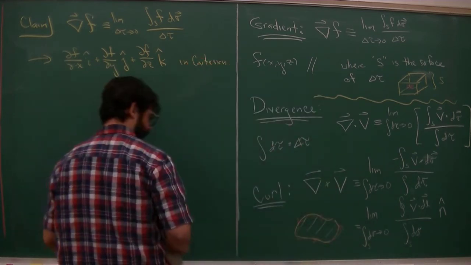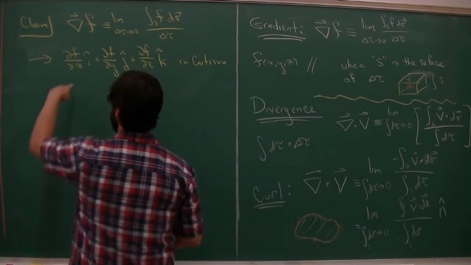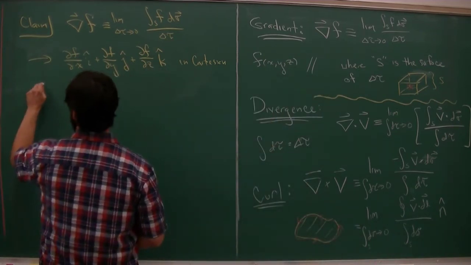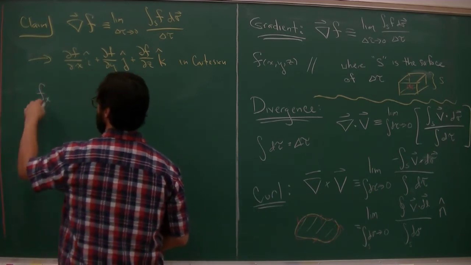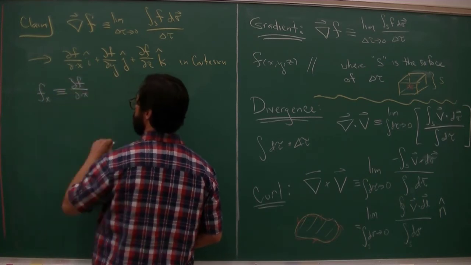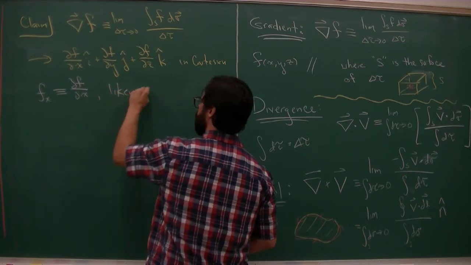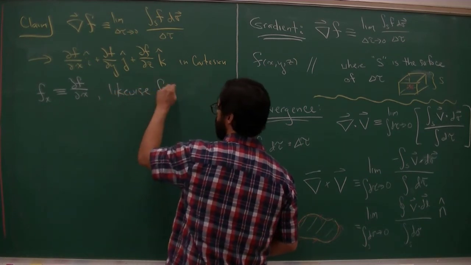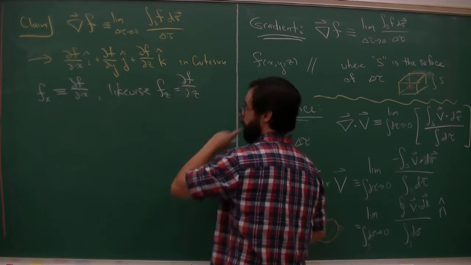And before doing that, because this is going to get a little bit hairy, I'm going to introduce some notation. f sub x is going to stand in for the partial derivative with respect to x. Likewise, f sub z, for instance, would be the partial derivative of f with respect to z.